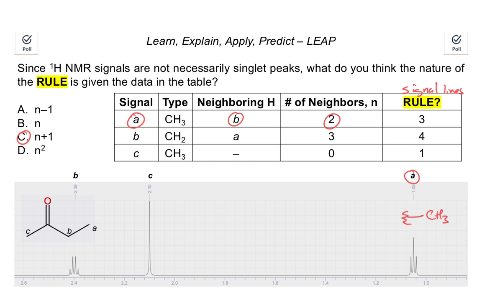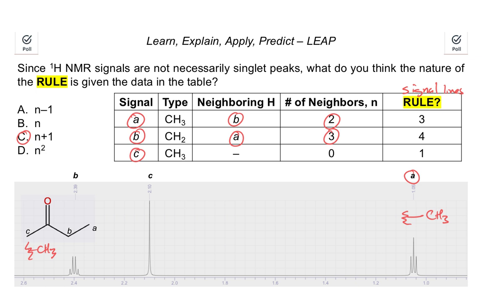And we do that same analysis. We look at signal B. It's a CH2 group. That's the integration part. It has the neighbor A with 3 attached hydrogens, and it gives 4 lines. Signal C is a CH3 group. There's no neighboring hydrogens, so no attached hydrogens.